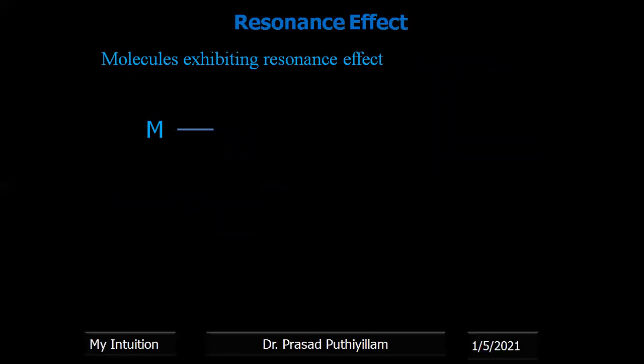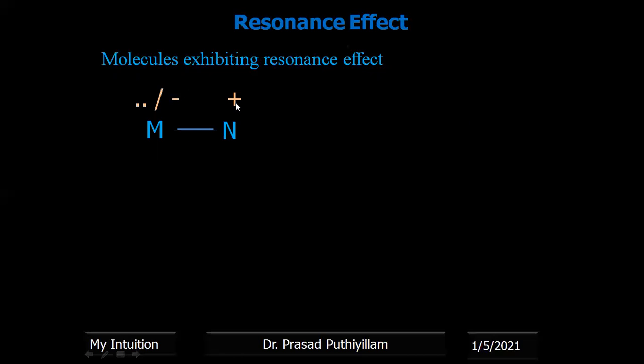The molecules exhibiting resonance effects: atom M connected to atom N through a bond, where atom M has either a lone pair of electrons or a negative charge, and atom N has a positive charge. So here a resonance structure is possible. This electron density or negative charge can form a double bond here.